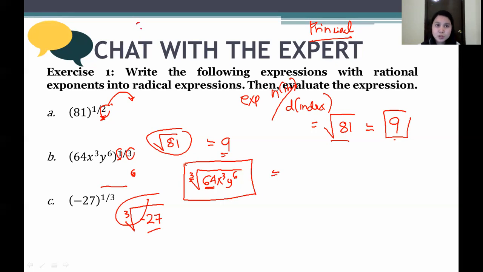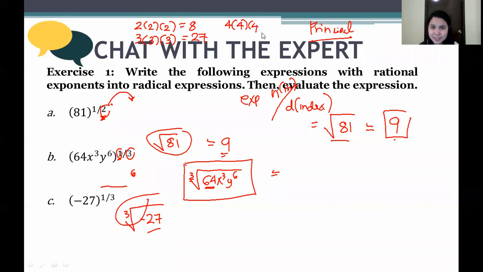For example, 2 times 2 times 2 is 8. Or 3 times 3 times 3 is 27. Let's go to 4. 4 times 4 times 4.